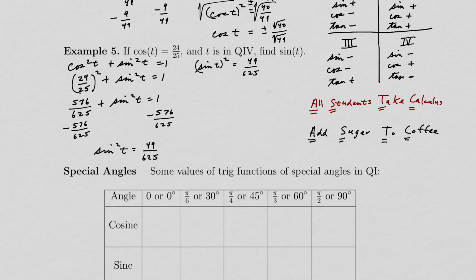So I take the square root of both sides. Let me write that better. And remember, it's plus or minus.